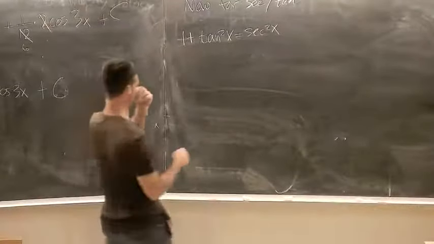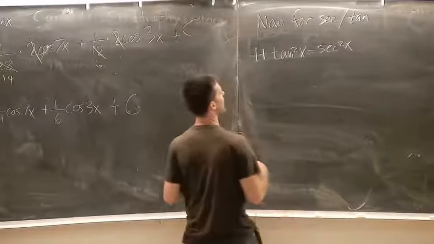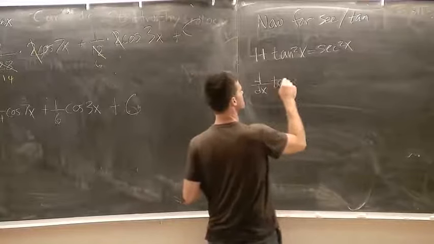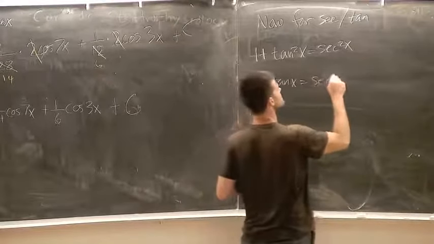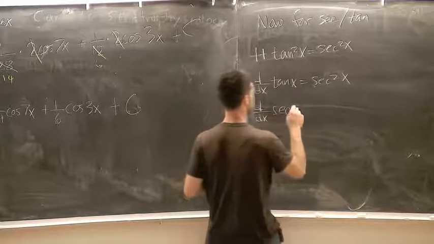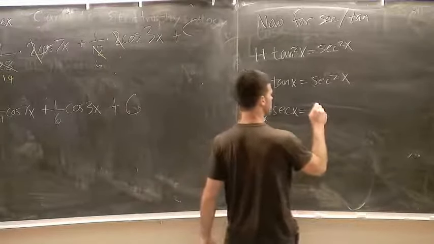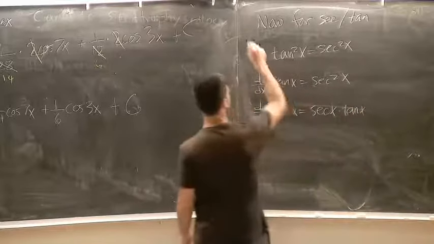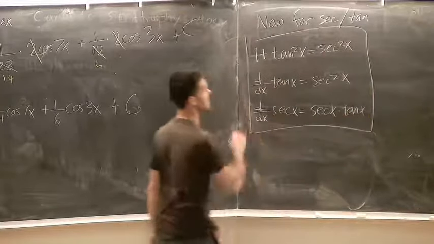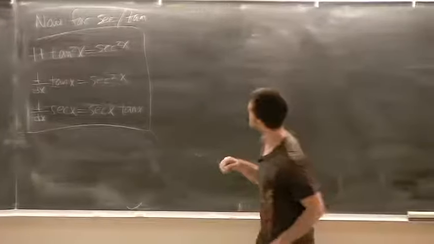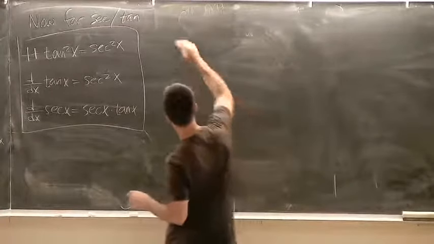Okay. d/dx of tan x is secant squared x. d/dx of secant x is secant tan. So you repeatedly use these to do integrals for tan. Let's see if I can do a few of these before we finish up today.